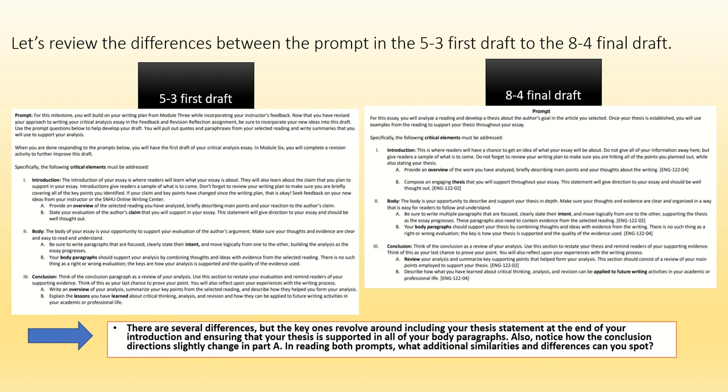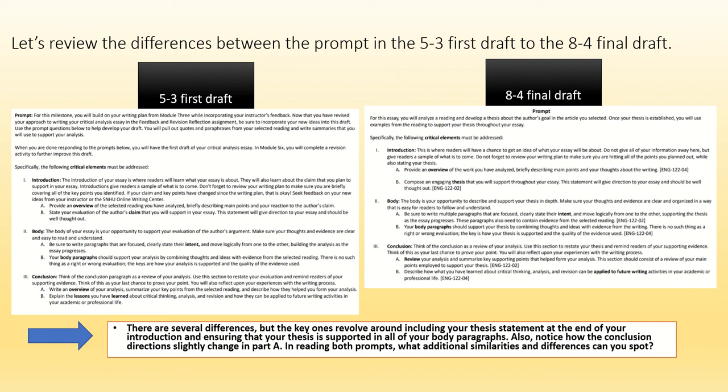Some of the similarities are the assignment length in terms of having your introduction, 3 body paragraphs, a conclusion, and key differences is you'll notice that in the introduction it does ask you to include your engaging thesis now, and in your body paragraphs you'll notice that it asks you to support your thesis throughout the body paragraphs, and you'll use the thesis that you wrote in week 6 and the feedback that I gave you in order to make sure that it is being supported throughout.